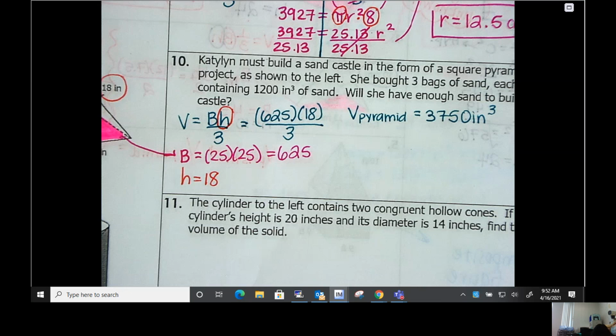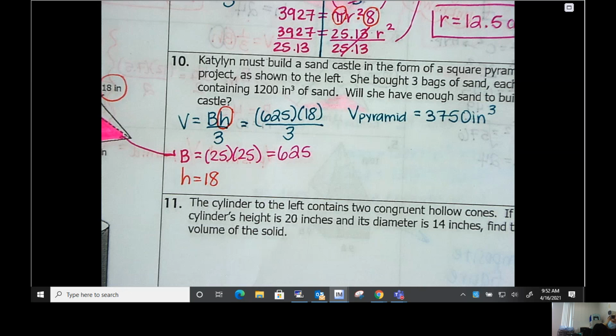No, not enough sand. How much more sand does she need to build a castle? 150 what? Cubed. Inches cubed. So she needs 150 inches cubed more sand.